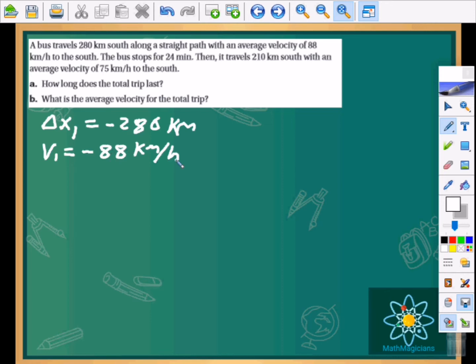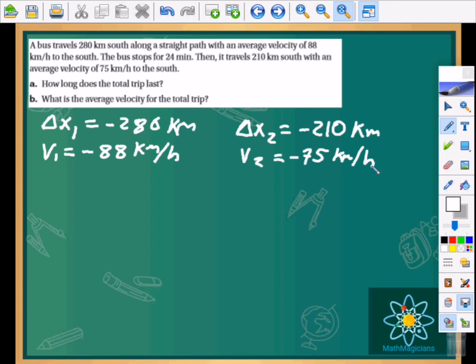You also have another displacement, displacement 2, and it's also to the south, so it's negative 210 kilometers. And for the second part, after the bus stops and then continues, the velocity is negative 75 kilometers per hour. And don't forget that the bus stops for 24 minutes because you're going to need that also. So the first question says, how long does the total trip last?